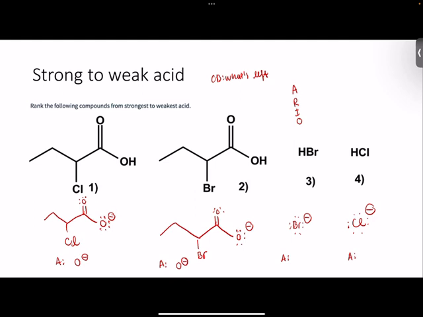The third molecule, our negative charge is going to be placed on a bromine. On the last molecule, our negative charge is going to be placed on a chlorine. Okay, perfect. So then we have A. We can do R.